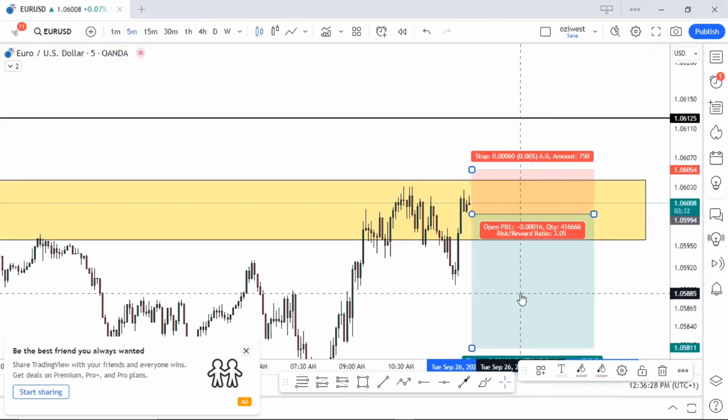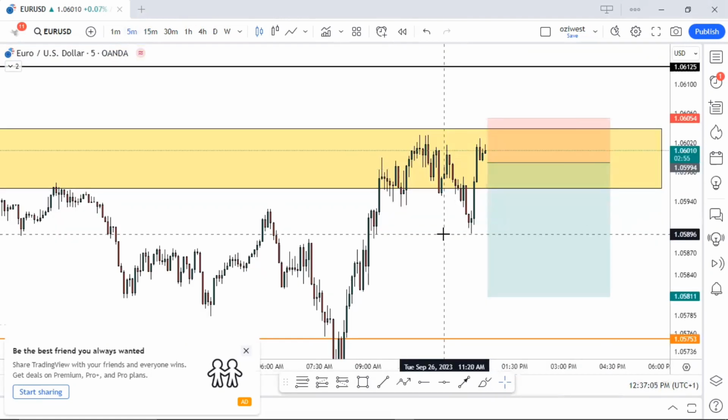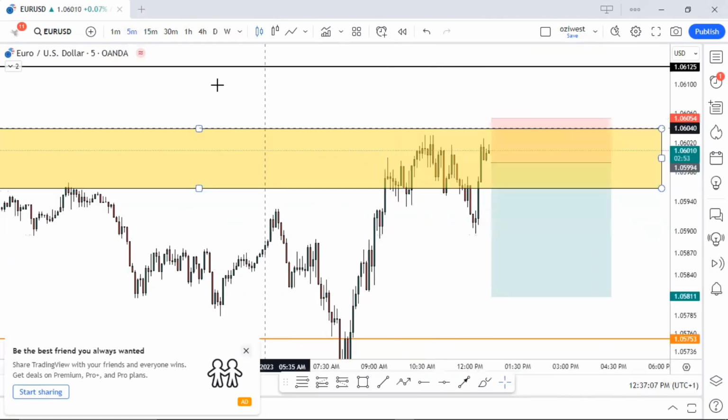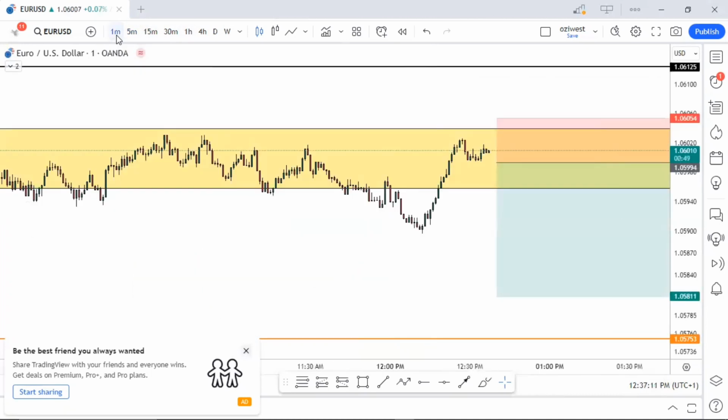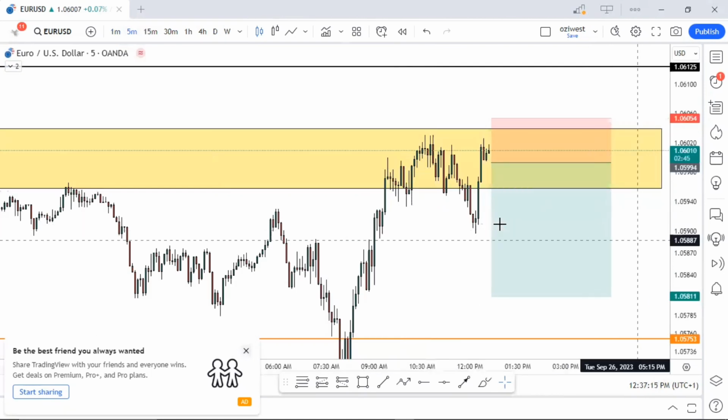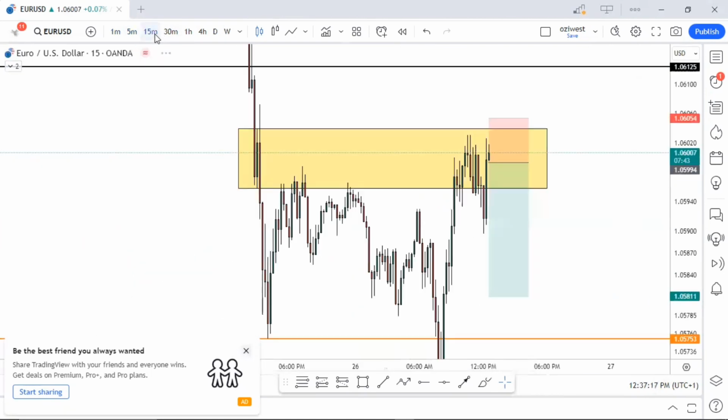Any bearish engulfing candlestick I see, I'm executing. Bearish engulfing candlestick is all I need right now on this 5-minute time frame.